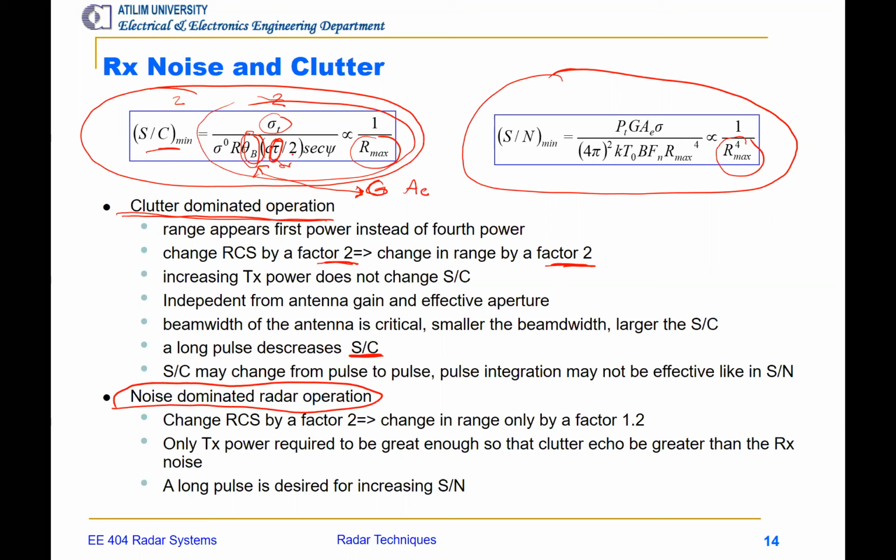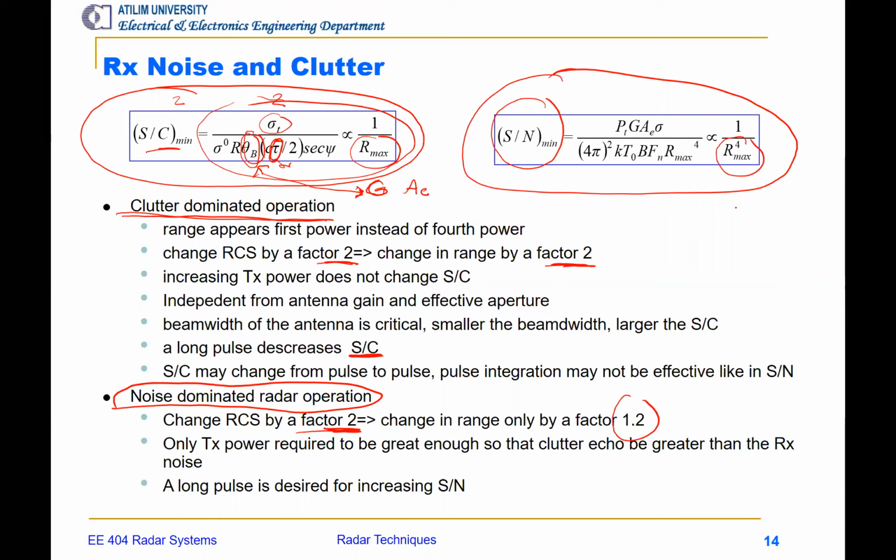And signal to clutter ratio may change from pulse to pulse, and pulse integration may not work just like in SNR case. On the other hand, in noise-dominated radar operation, as we know, a change of RCS by a factor of 2 changes the range by only a factor of 1.2.